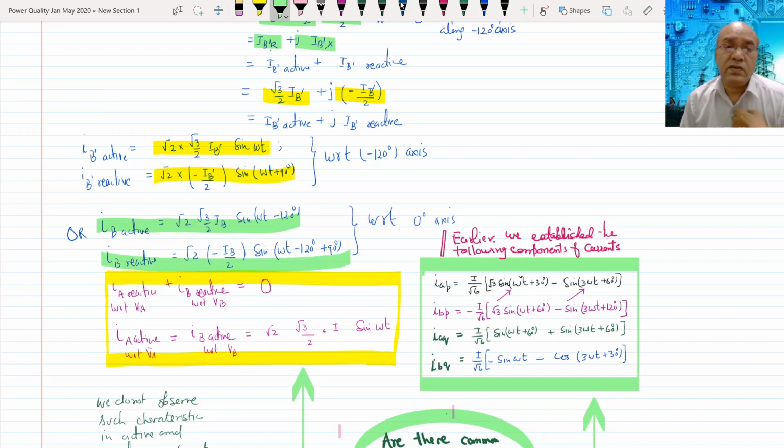If I observe with respect to the 0 axis, the A phase axis, I will add one extra minus 120. Is that clear? This is a very important step.